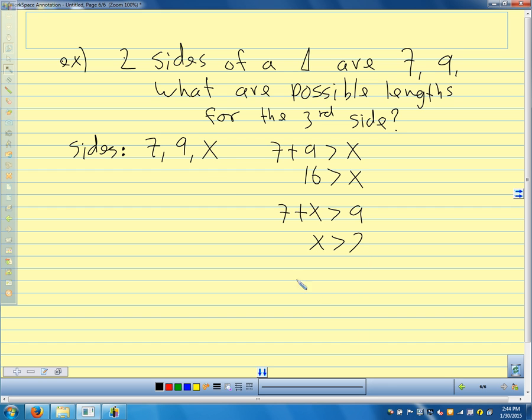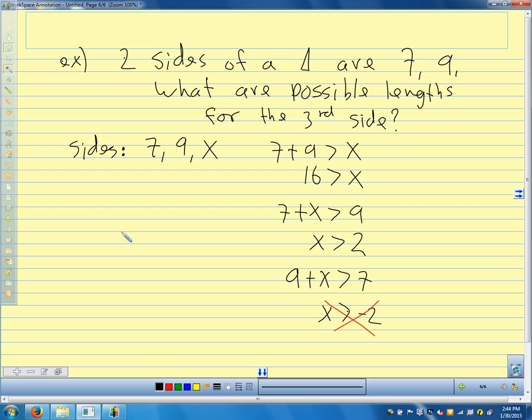And then let's do the last one. 9 plus X greater than 7. And when I subtract 9 from both sides here, what happens? X greater than, what's 7 minus 9? Negative 2. Can we have negative sides on a triangle? No, so we just ignore that one.